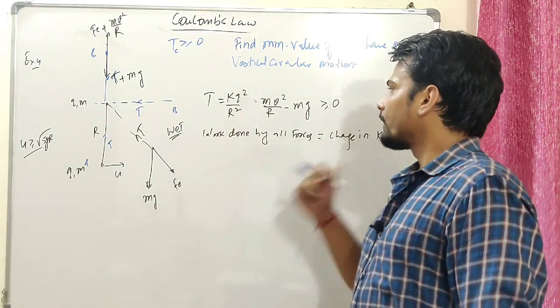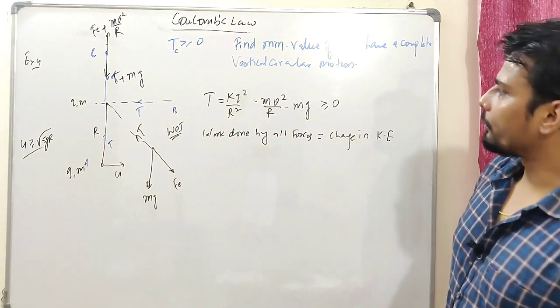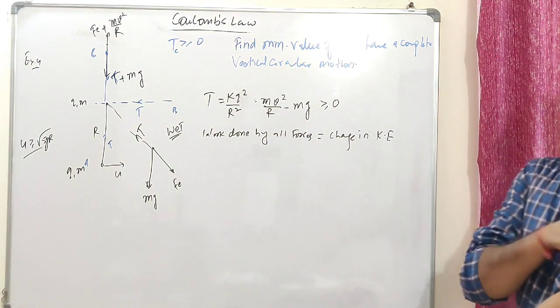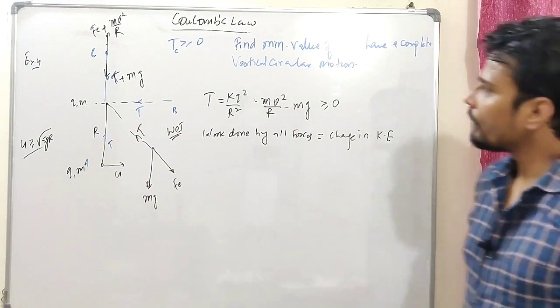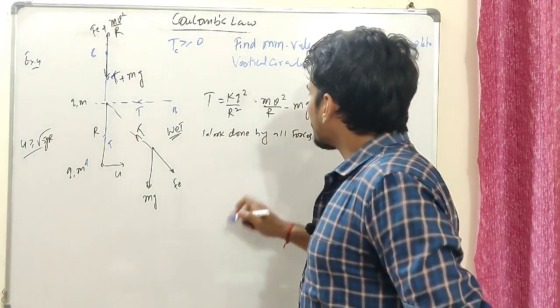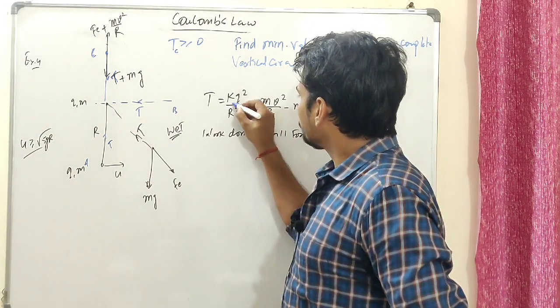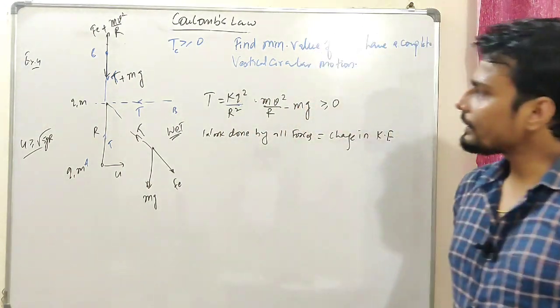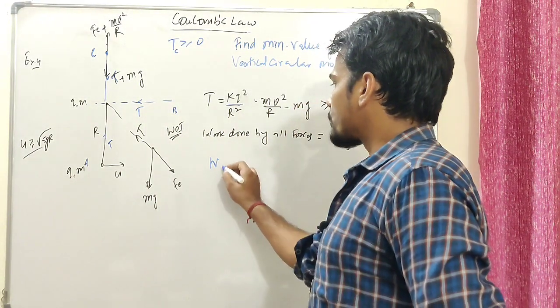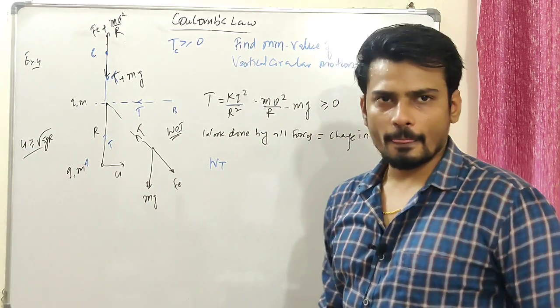Let's talk about the work done by tension first. Let's see how many forces are acting over here. We have one force, which is tension, so let us find the work done by the tension.